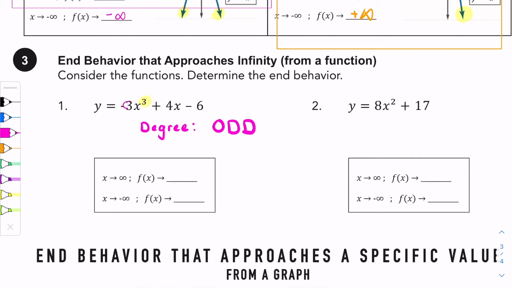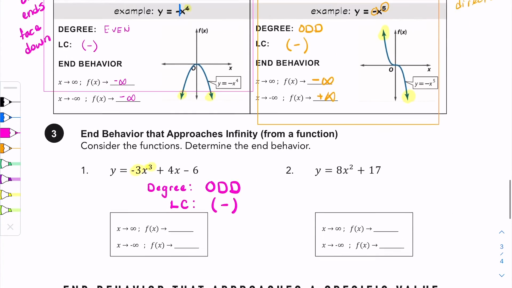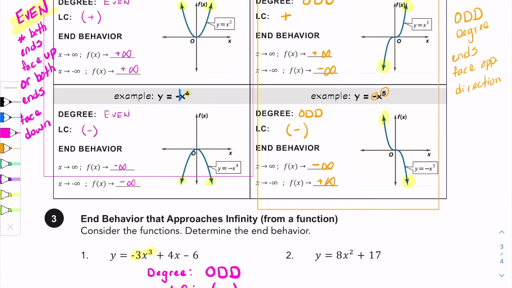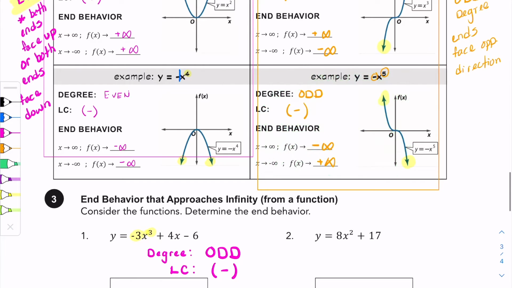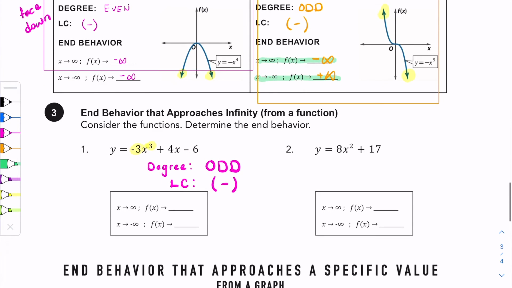Our leading coefficient is negative 3, which tells us that our leading coefficient is negative. I'm going to take a look at my chart that we just filled in above. Whenever the degree is odd and the leading coefficient is negative, you would be in this category here. And that tells us that as x approaches positive infinity, the function approaches negative, and as x approaches negative, the function approaches positive. That's our end behavior. That's our answer.